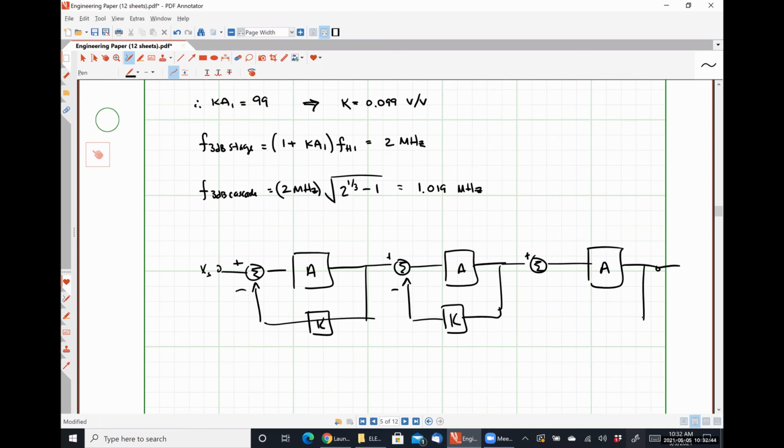Here's our output. That's not where that's supposed to go. Feedback like so, where all those A's are identical and all those K's are identical. If we don't have that constraint, the way that we approach this problem does not work. So I just want to be clear about that.